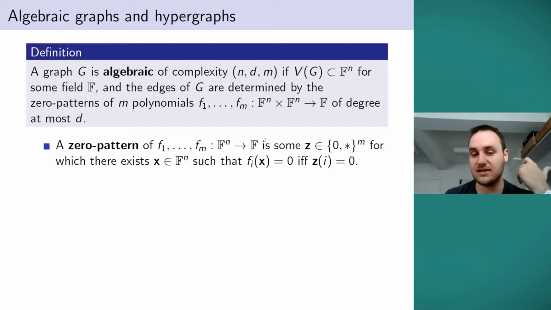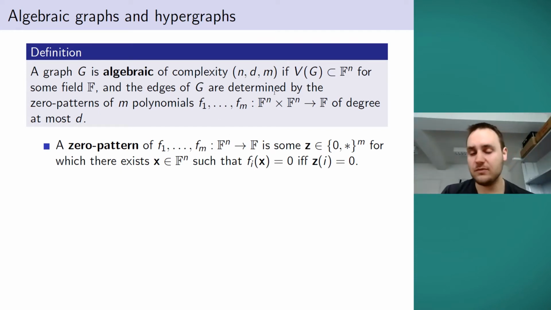Then I will get some sequence of elements of this field F. But in the sequence, I only care about which elements are zero and which are not. If I see a zero, I keep it. If I see a non-zero, I put a star. So this will give a sequence of zeros and stars. And any sequence I can get in a way like this will be a zero pattern of these polynomials.